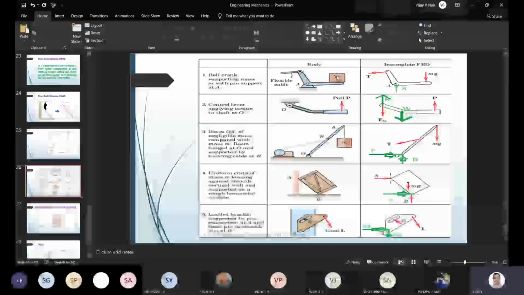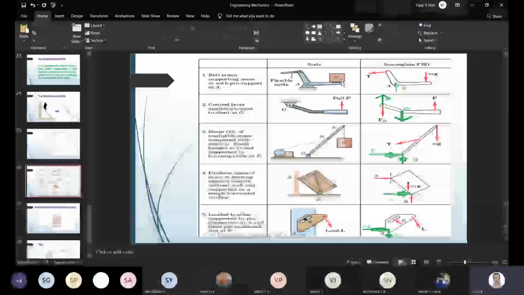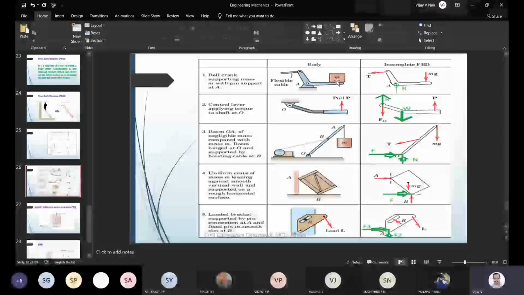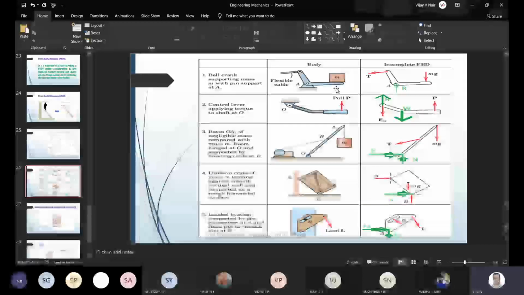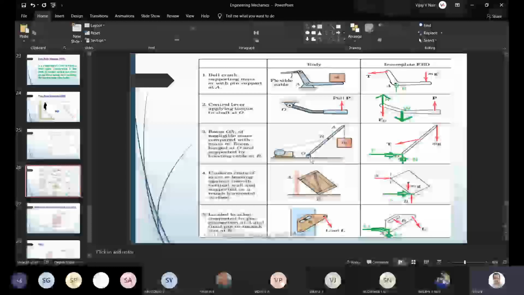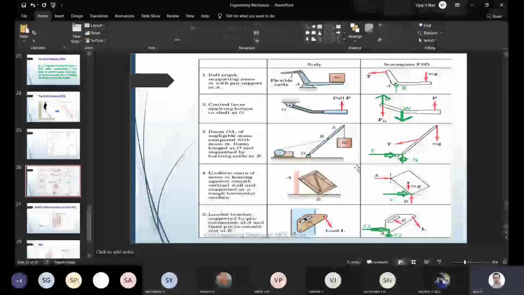You can see here the mass should be converted into weight. You cannot keep the mass values because they should be converted into newtons. Even if some values are given in terms of kg, you are supposed to convert them to Newton and keep them for solving the problems. In this case, the weight is acting in the downward direction, and the tension, since this is a bell crank, there is a tension member here.